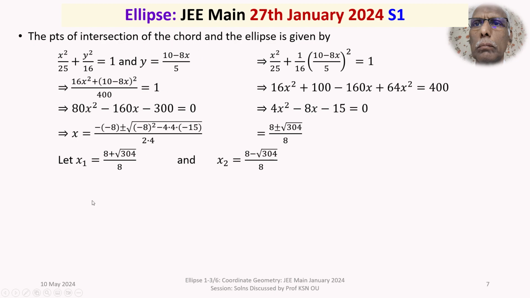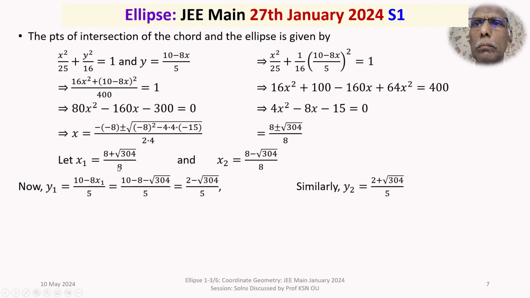So we will get y1 is equal to (10 minus 8x1) by 5. 8x1 will be 8 plus under the square root of 304, and on simplification you will get (2 minus under the square root of 304) by 5. Similarly, y2 will be (2 plus under the square root of 304) by 5.